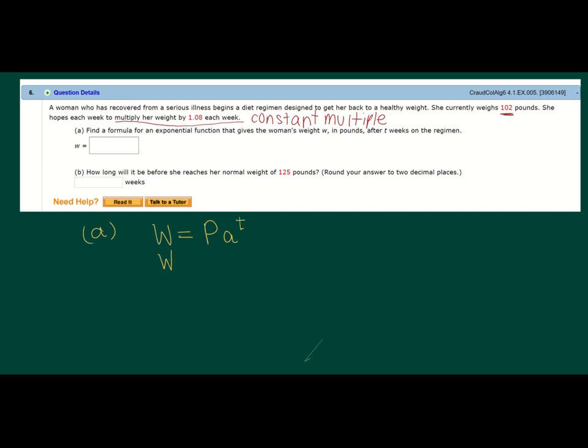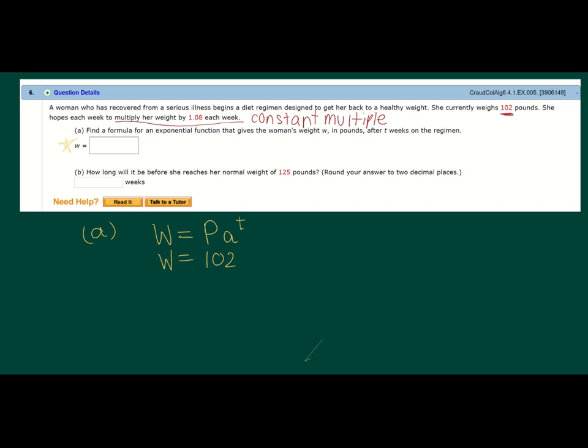W is the name of the function. That's not changing here, all right? I'm not looking for that. I'm looking for a formula, W equals, and you can see that right up in the part A answer spot, right? P always represents the initial value. When we start this diet, we weigh 102 pounds.